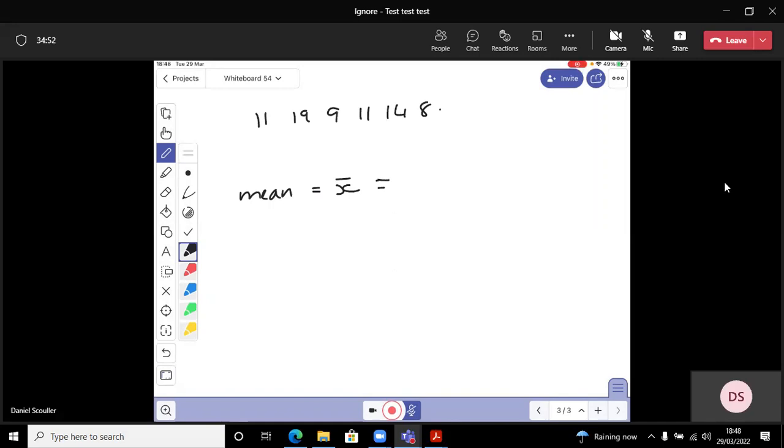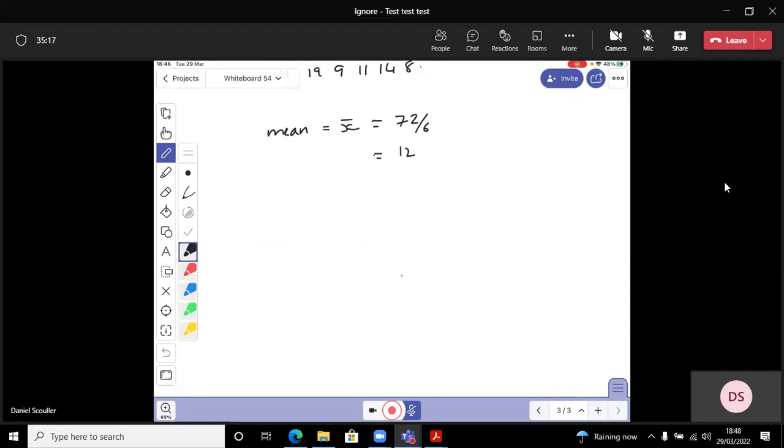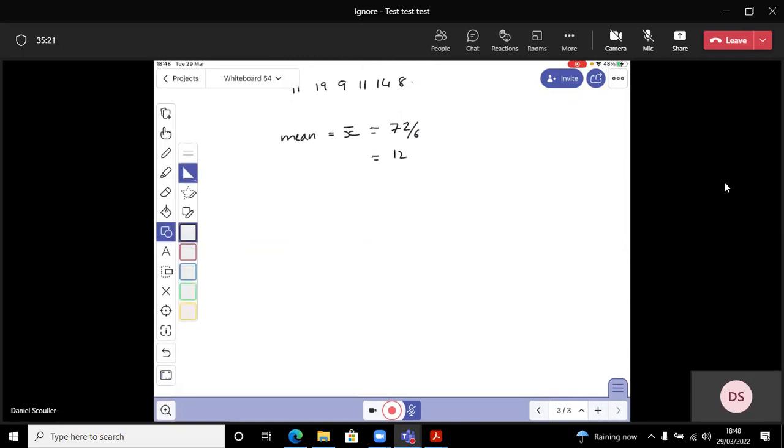Do it in your calculator or in your head. 30, 40, 50, 64, 72 divided by 6. So the mean is 12. Now we put that in a table. So we create a table for standard deviation.